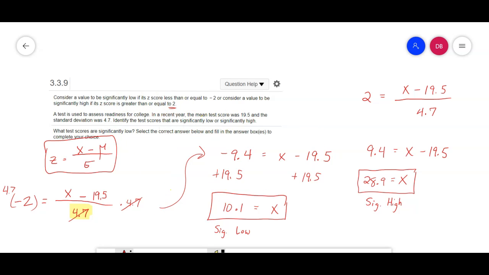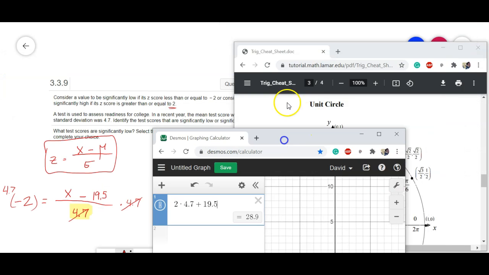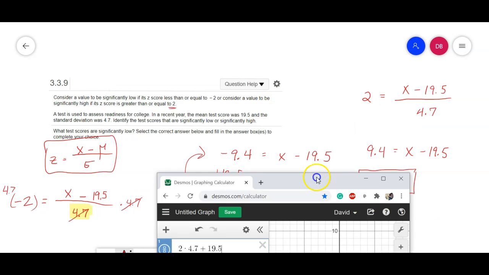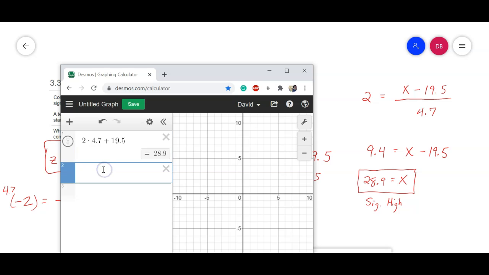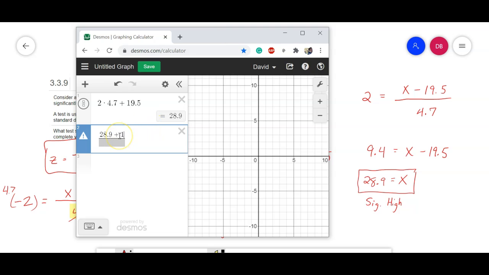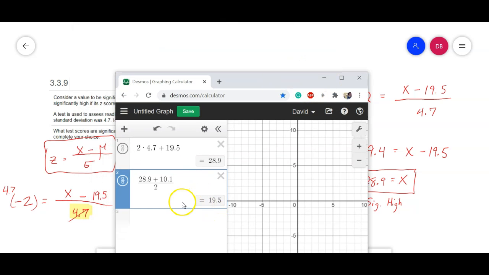If we've done this correctly, and I'm going to pull down my Desmos calculator to do the math, the average of these two numbers, 28.9 and 10.1, right in the middle will be our mean of 19.5, and it's in there. Those are two standard deviations away from the mean, above and below.